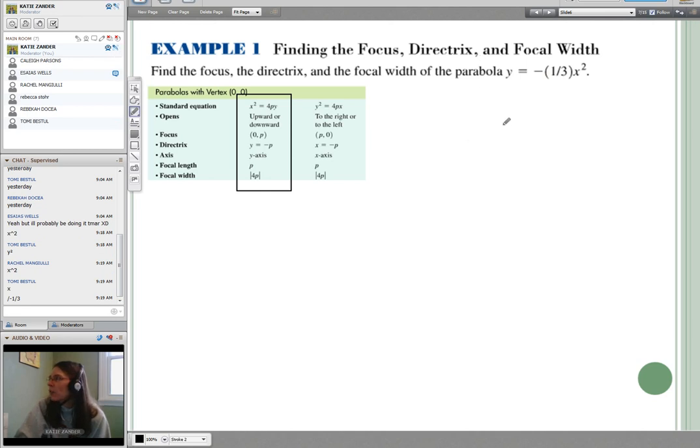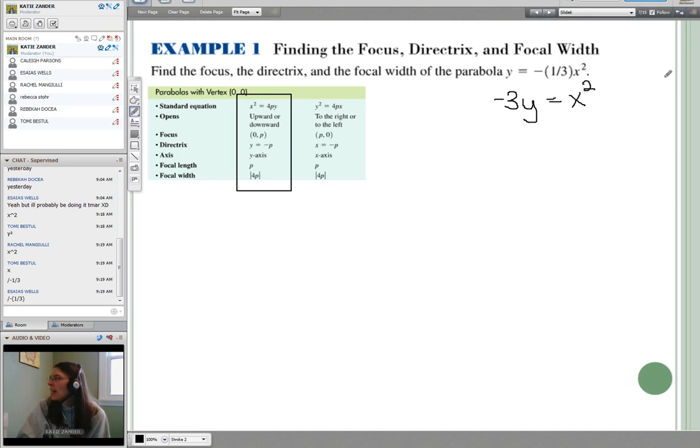Divide by a negative 1/3, and the same thing as dividing by a negative 1/3 is multiplying by a negative 3. Yeah, so multiply by a negative 3 on both sides, and you'll get that x squared isolated. Okay, so x squared equals negative 3 times y.